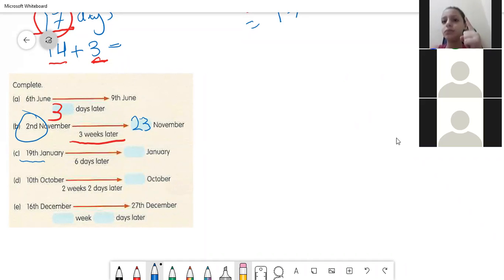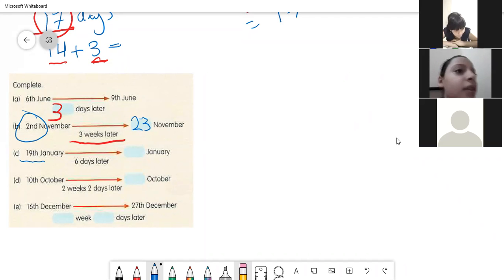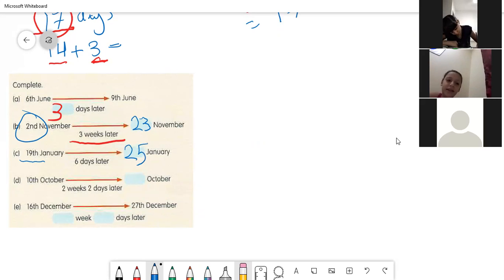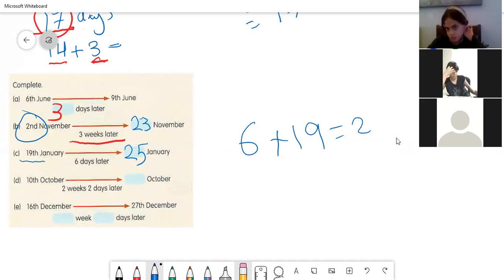Sarah, what will be the date? 25. Why is it 25? How did you get this answer? You can add 6 days to the 19, so it is going to be 25, or simply you can count 6 days after the 19th of January.